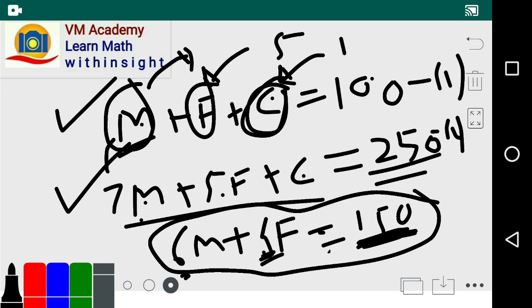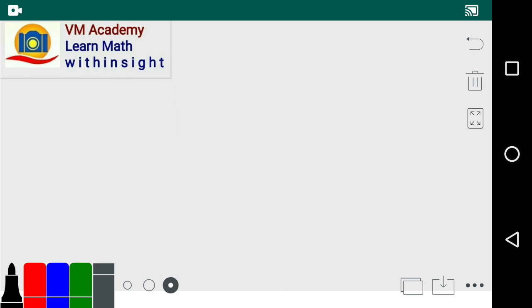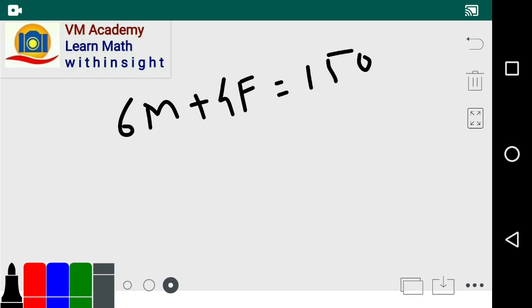Now we calculate the solution of 6m plus 4f equals 150. Here, if we observe, 150 as well as 6m are perfectly divisible by 6 because m and f are integers. So we divide the equation by 6, friends.